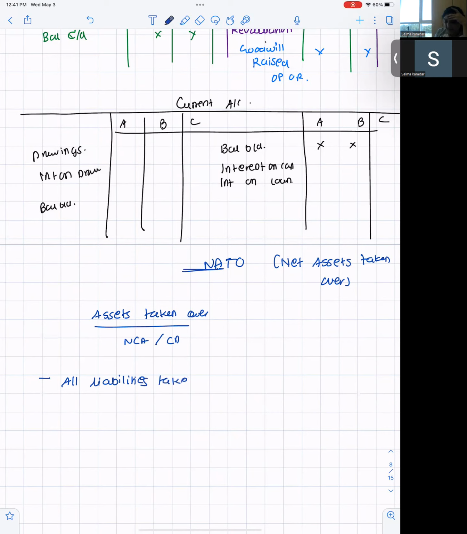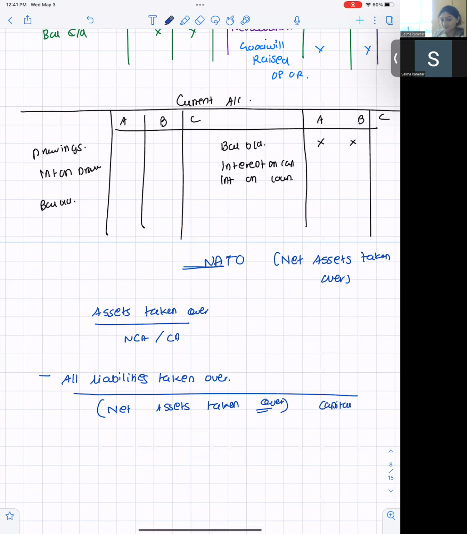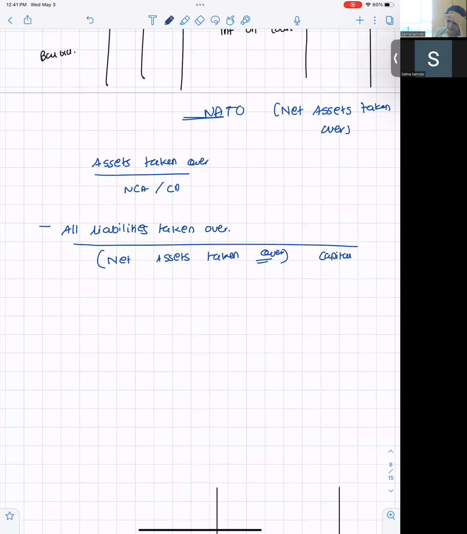So all assets taken over minus all liabilities taken over will give me my NATO, or I could say it will give me my net assets taken over. Now you should understand that the net assets taken over is nothing but your capital.